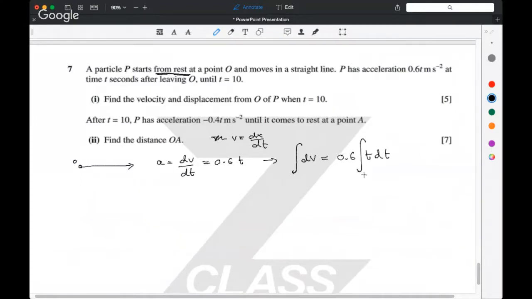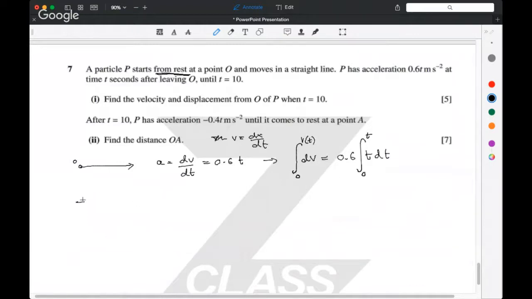So I'm interested in my progress from a time equals 0 to some later time. Let's just keep it general. So at time equals 0, my velocity is 0, and at some later time, my velocity is some velocity, a function of time.